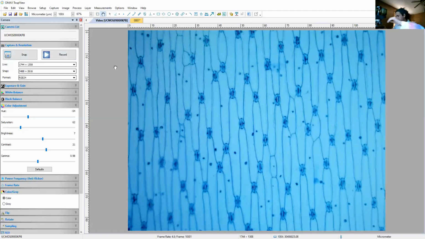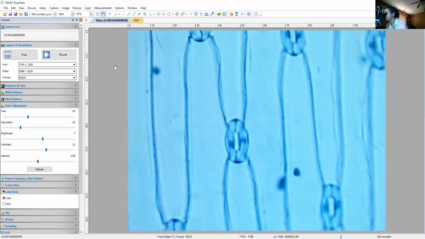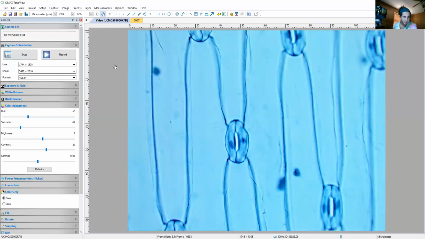So this is at 100x magnification. It just looks good. Let me correct the hue a little bit, that way it looks more like what I'm seeing.